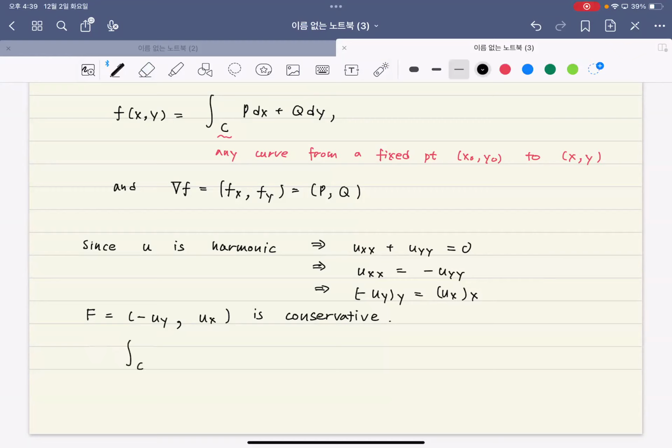Minus uy dx plus ux dy. Let me say this C is any curve from some fixed point in the domain D to the point x, y. And I'm going to name this function V(x, y). I must have such a nice function, the potential function of this field.